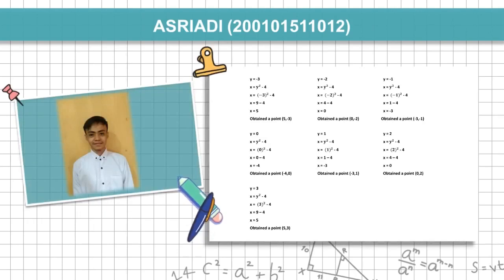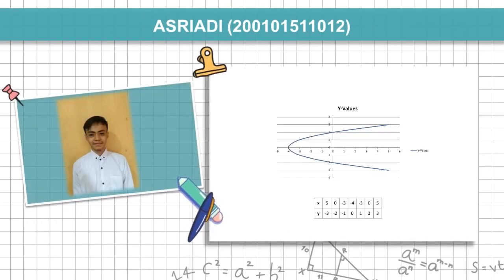For y equals 3, x equals y squared minus 4. x equals 3 squared minus 4. x equals 9 minus 4. x equals 5. Then we get the point 5, 3.